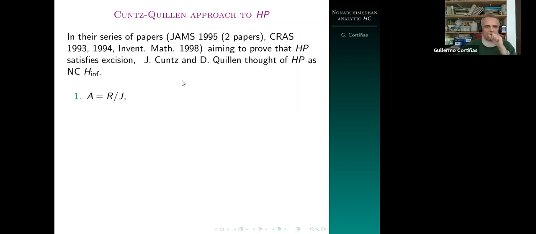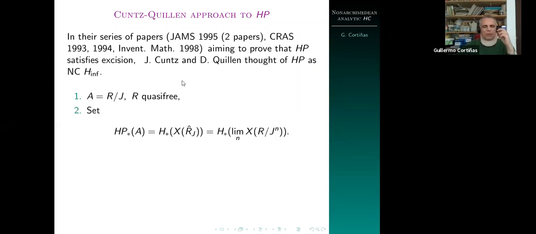Okay, so you have your associative algebra A. It's no longer commutative, associative, could be commutative, but not necessarily. And then write it as a quotient R mod J, where R is smooth, but in the non-commutative sense, which is what Cuntz and Quillen have called quasi-free.